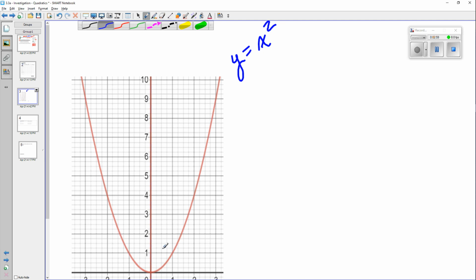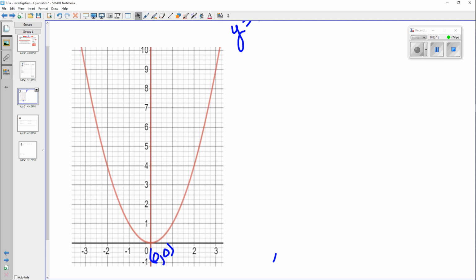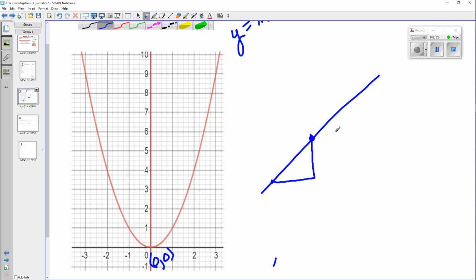So here is my thing. We know that this point here at the bottom, my vertex, is the point 0, 0. Okay, that's good. We get that, right? Now, some of the things that we used to do a while back when we were studying, say, the equation of a line, is we would use some sort of pattern to always move to another point on the line.